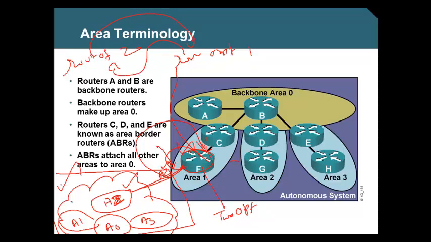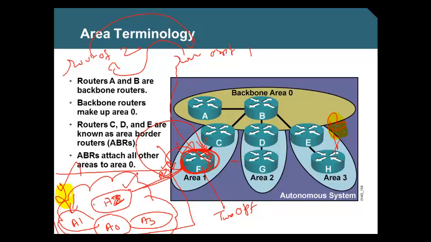Only then can someone from here in alpha ping someone here in beta. If someone from alpha needs to ping someone in beta, we need to merge these two by redistributing. This is the router where we do redistribution from this OSPF to that OSPF.